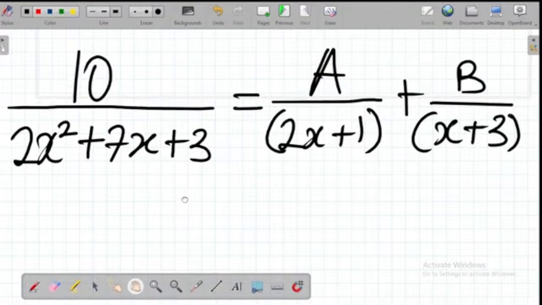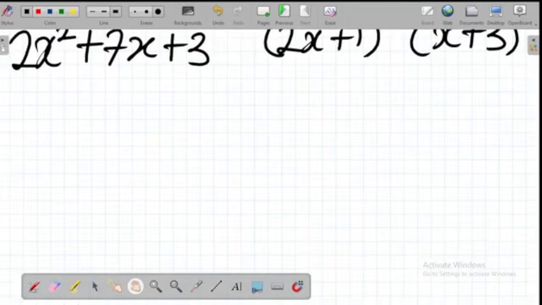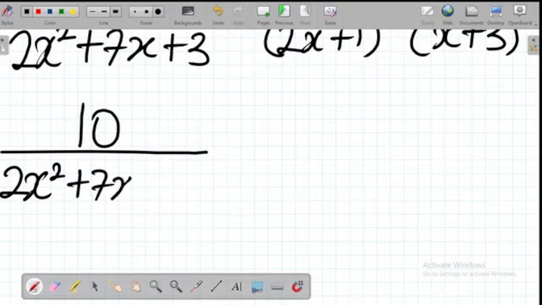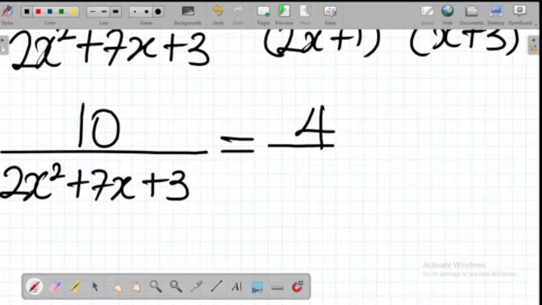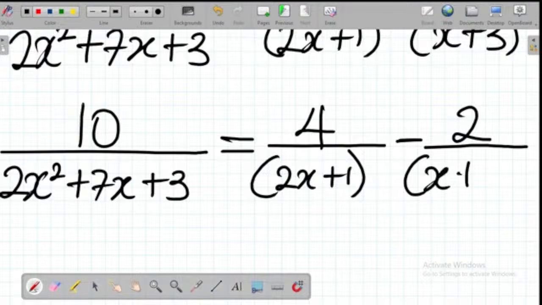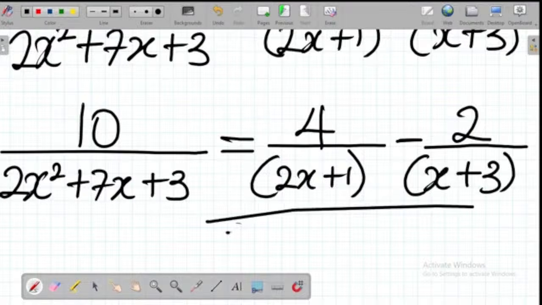So if we substitute the value of A and B into this equation, we will have 10 all over 2x squared plus 7x plus 3 is equal to 4 all over 2x plus 1. And then B is minus 2. So we are supposed to write plus here, but plus minus is minus. So we have minus 2 all over x plus 3. So this is our final answer.